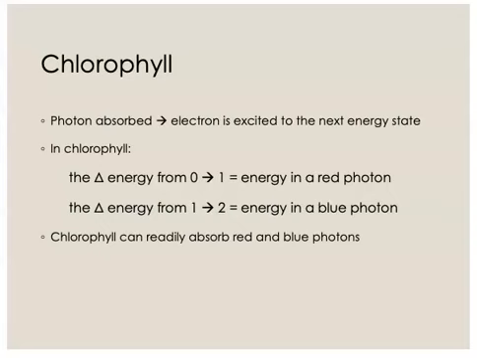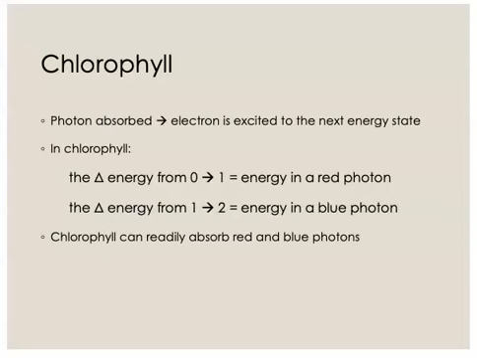The change in energy that it takes for an electron to rise from the 0 level to the 1 level is, again, the energy that you would find in a red spectrum photon. And remember, red light has a wavelength of approximately 700 nanometers. The change in energy level to go from level 1 to level 2 is the energy that would be found in a blue photon.